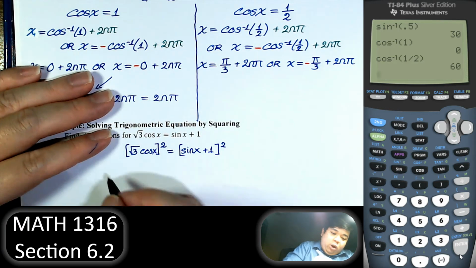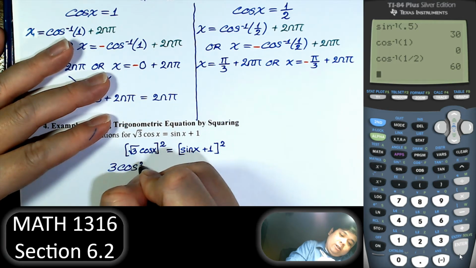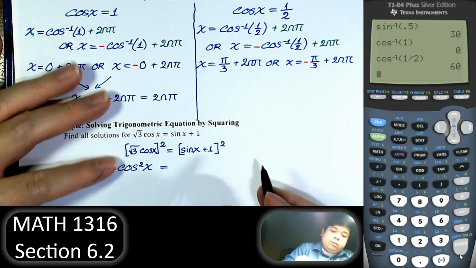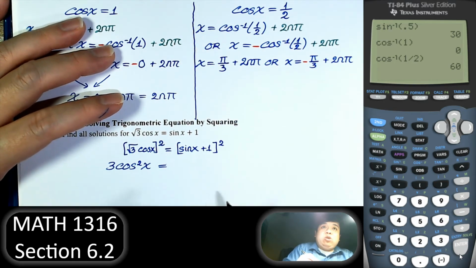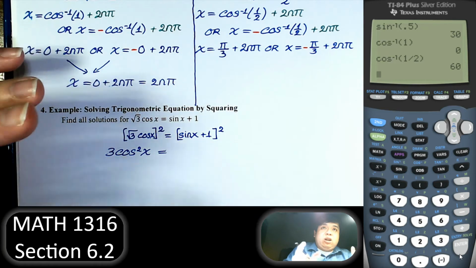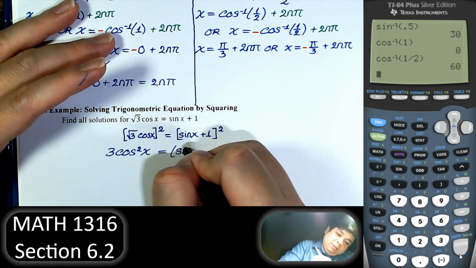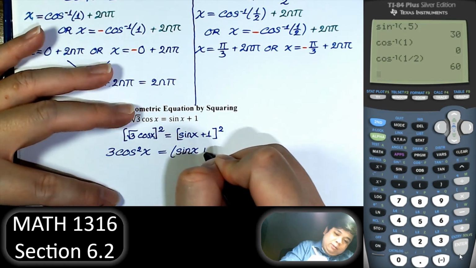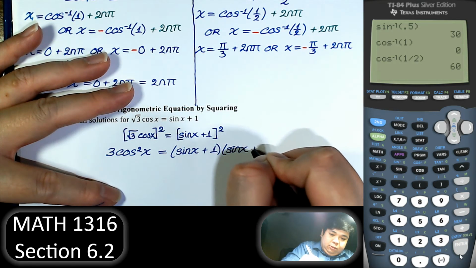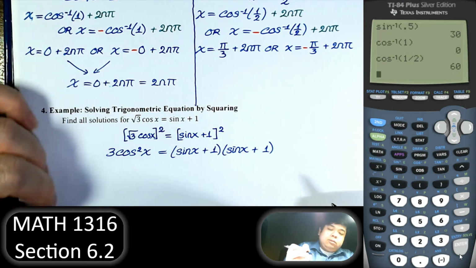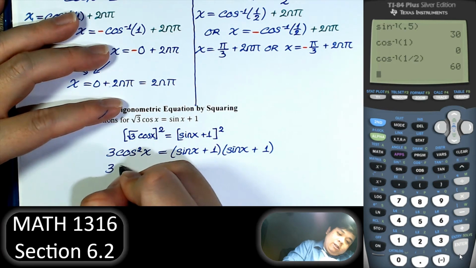The square root of 3 squared gives us 3 cosine squared. Now (sine x plus 1) squared is sine x plus 1 times sine x plus 1. Multiply it out.